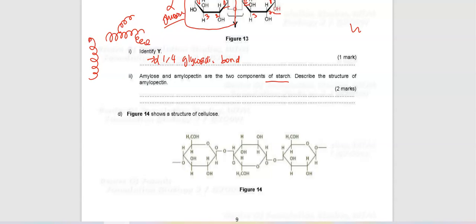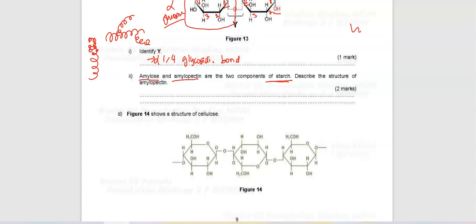The structure of amylose consists of monosaccharide alpha glucose. The monomers for starch, either amylose or amylopectin, all consist of alpha glucose. The alpha glucose are joined together by the 1,4 glycosidic bond, but the helical structure is held through hydrogen bonds.